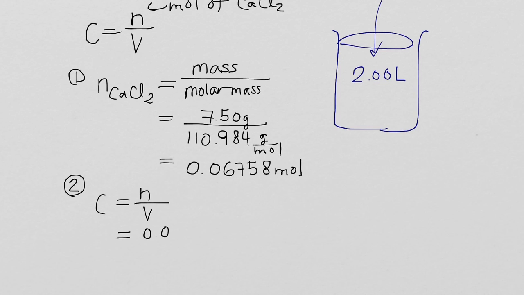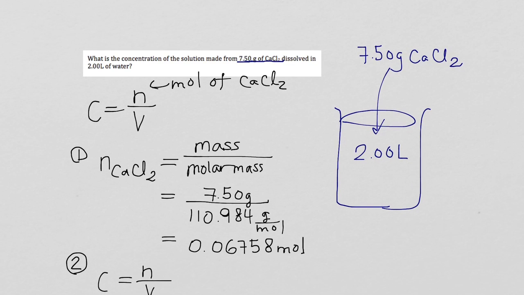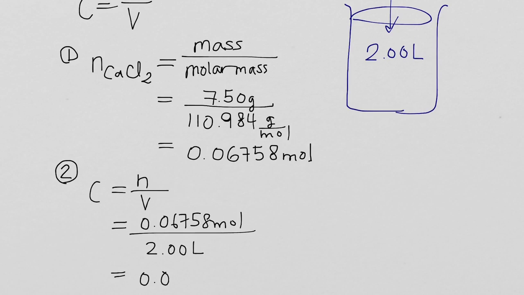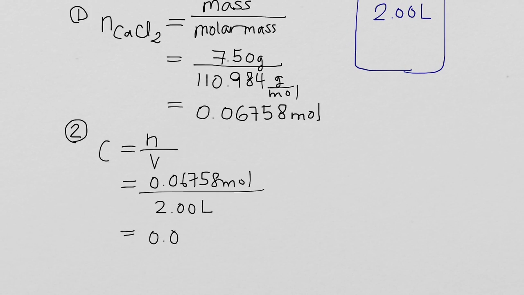So we have 0.06758 moles dissolved in 2 liters of solution, which is equal to 0.0338 moles per liter.